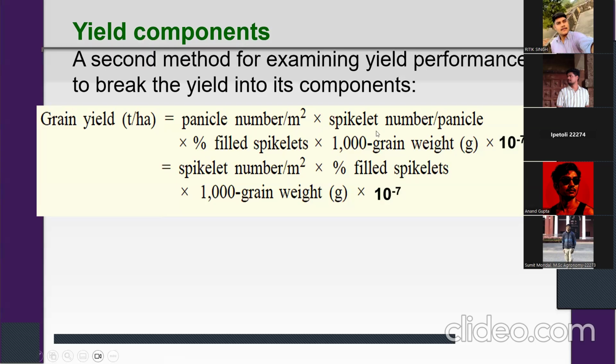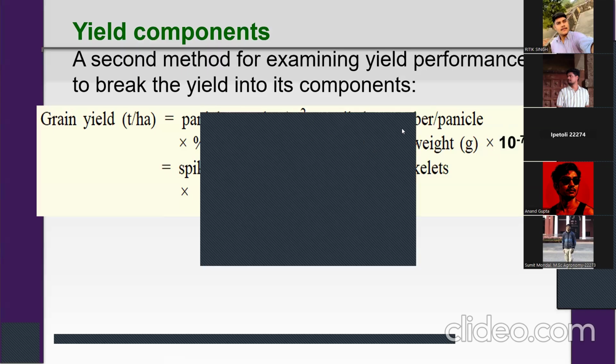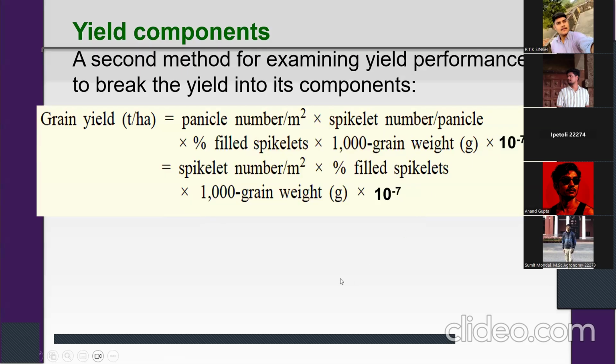So the first two parameters, panicle number per meter square and spikelet number per panicle, can be multiplied with each other and they will give us spikelet number per meter square. So we'll go to the last link and I will stop share here.